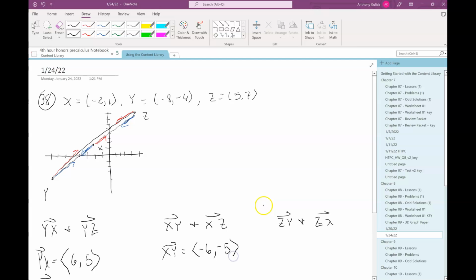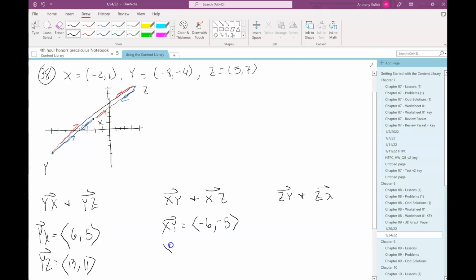I guess it is 179. Probably. XZ, so I'm going to take head, so 5 minus -2, so that's 7. And then 7 minus 1, so that's 6.